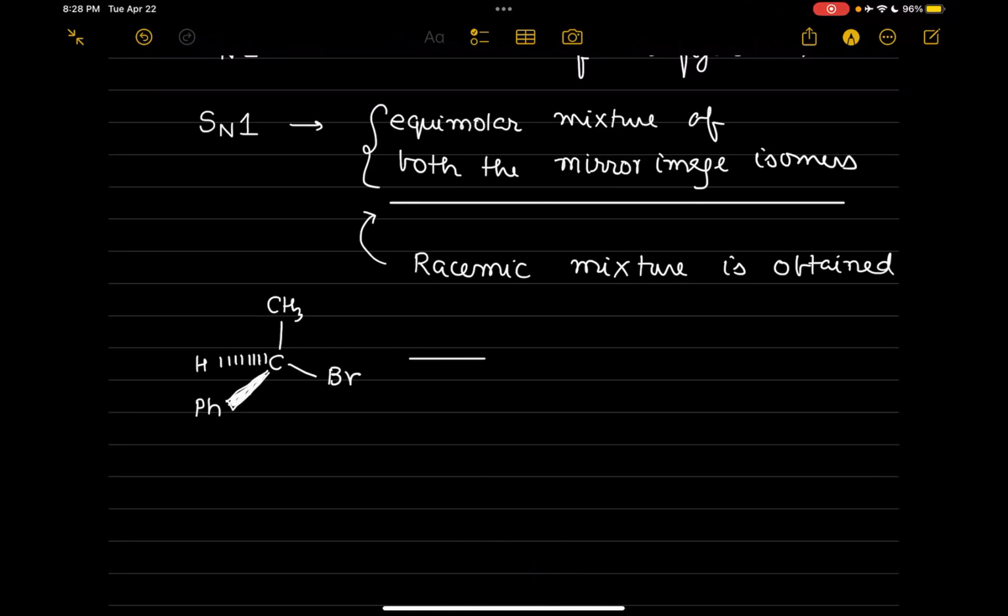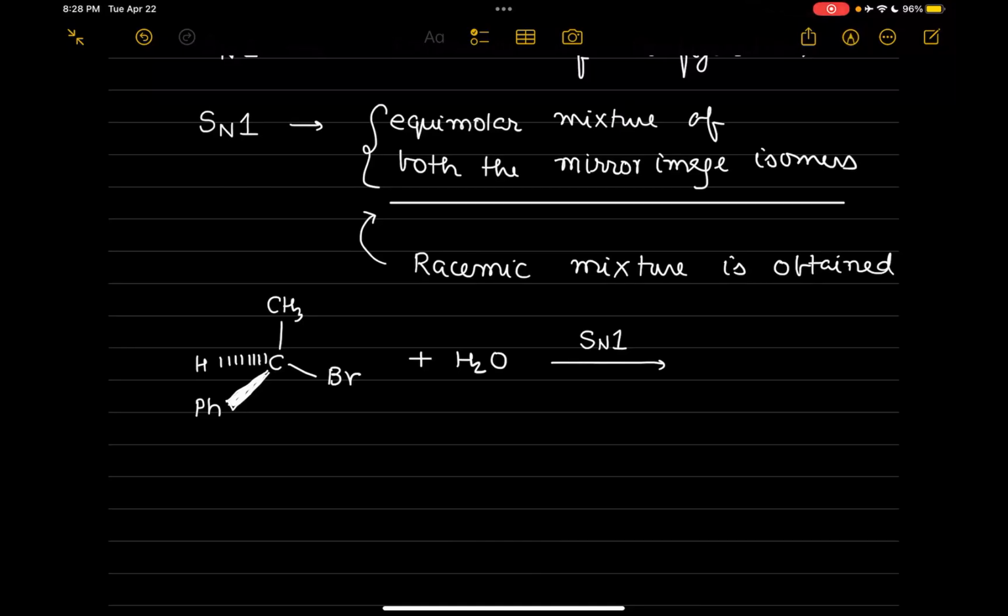And you react it with water. Okay, SN1. SN2 can't happen because it is too big. And phenyl promotes the SN1 reaction.